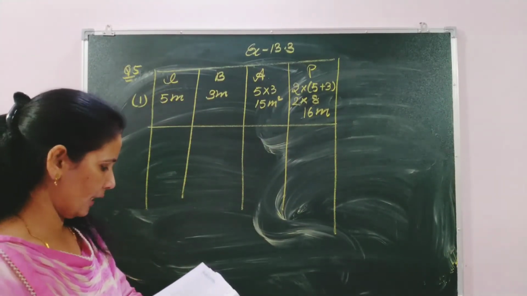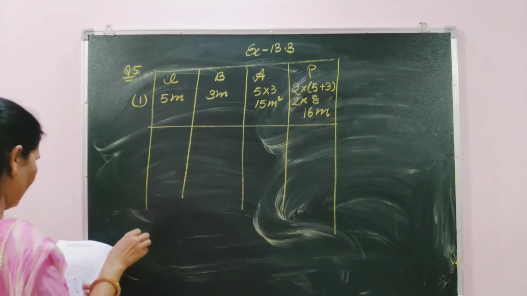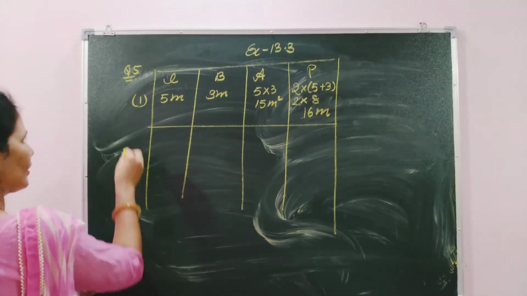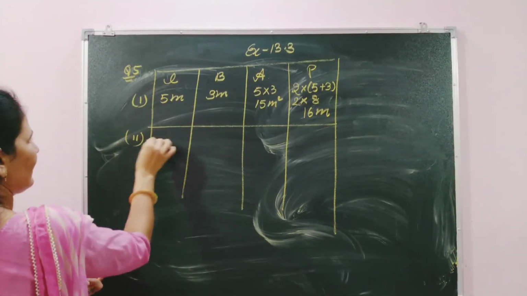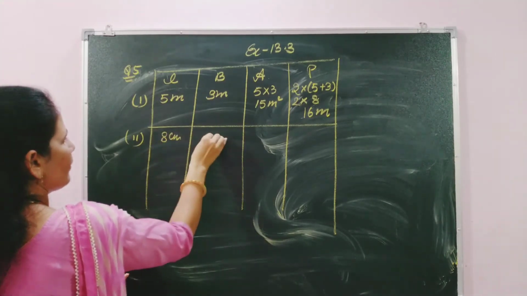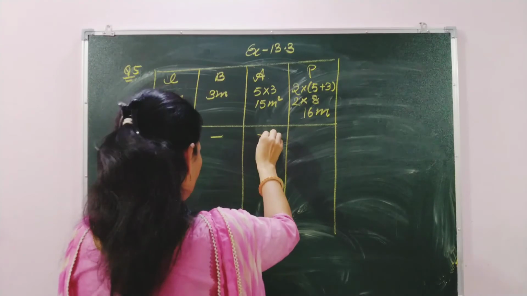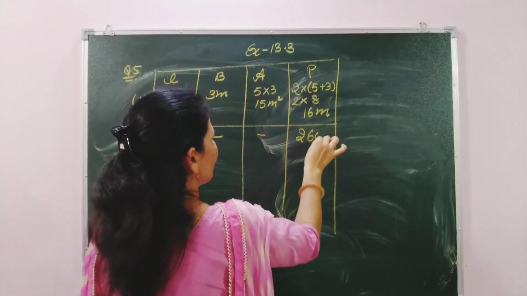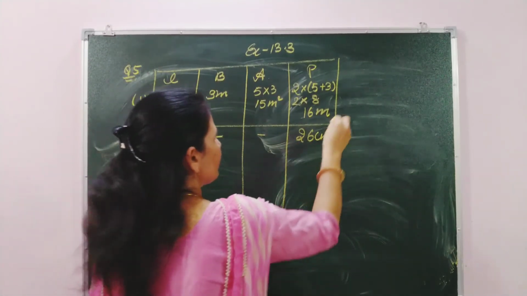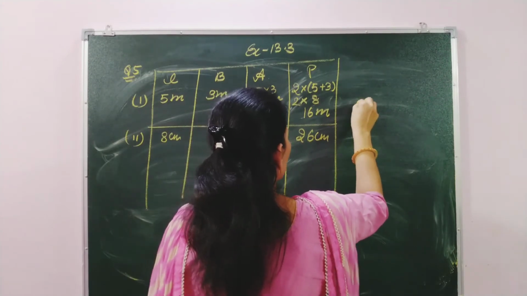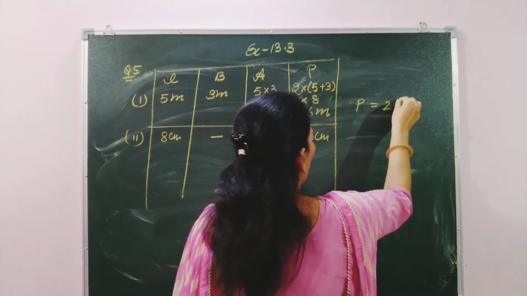Let's take another example. I'm going to explain its second one. Length is 8 centimeter. Breadth is not given. Okay. Area also not given, but they have given to us perimeter, that is 26 centimeter. So student, by using the perimeter, we will find its first breadth. How we find the breadth?